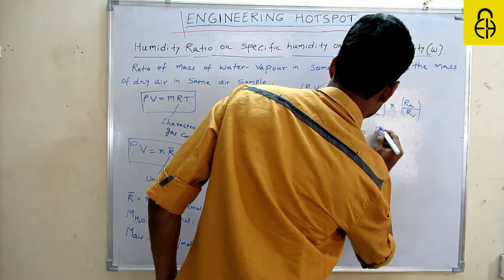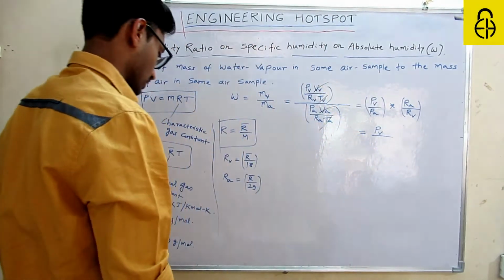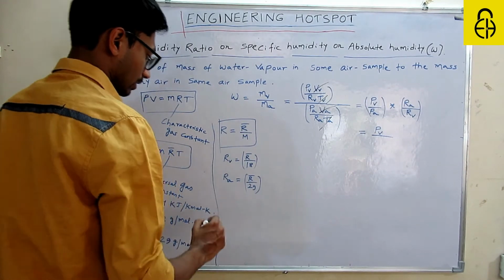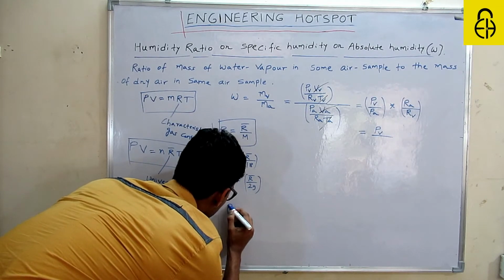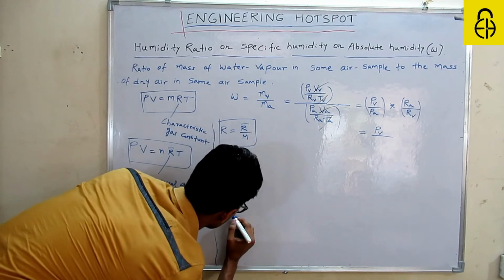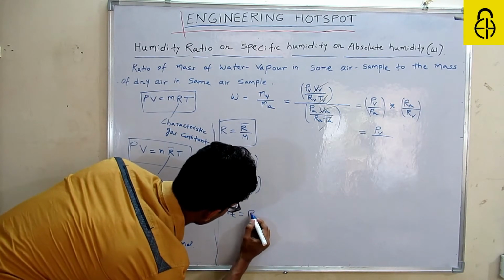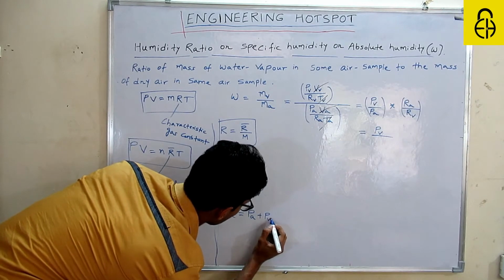Previously by Dalton's law I have already told you that the total pressure PT will be the pressure of air part plus pressure of vapor part.